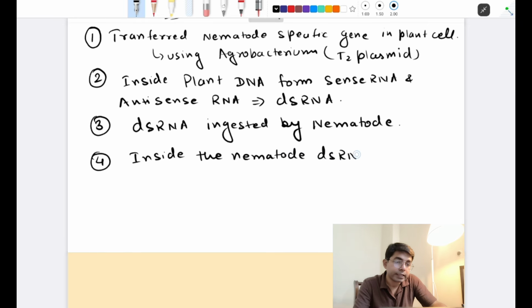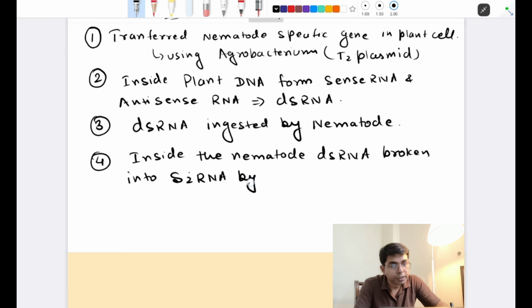What will happen now? This double-stranded RNA inside the nematode is broken into small interfering RNA by which protein? By the dicer protein.